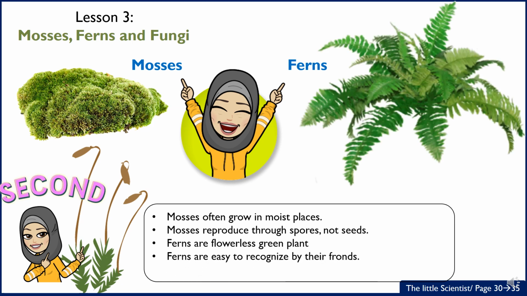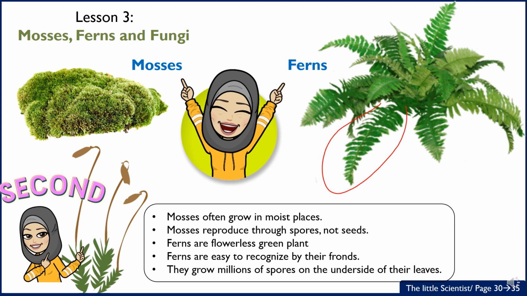And ferns are flowerless green plants. Ferns are easy to recognize, guys, because of their fronds, or their leaves. So this is one leaf and it contains many leaflets.